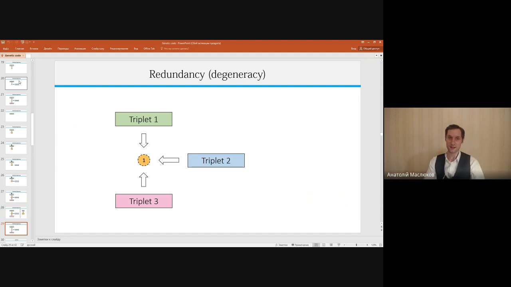To summarize, the simple idea of redundancy is that several different triplets may encode the same one amino acid.